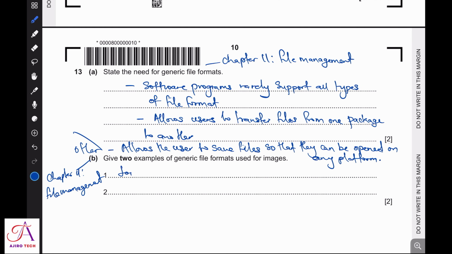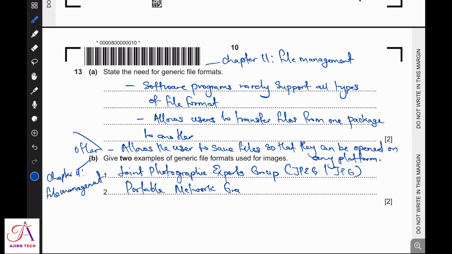So we have the Joint Photographic Expert Group. Now you see this as JPEG, or you could just see it as JPG. Then we have the next one, Portable Network Graphics, which is PNG.